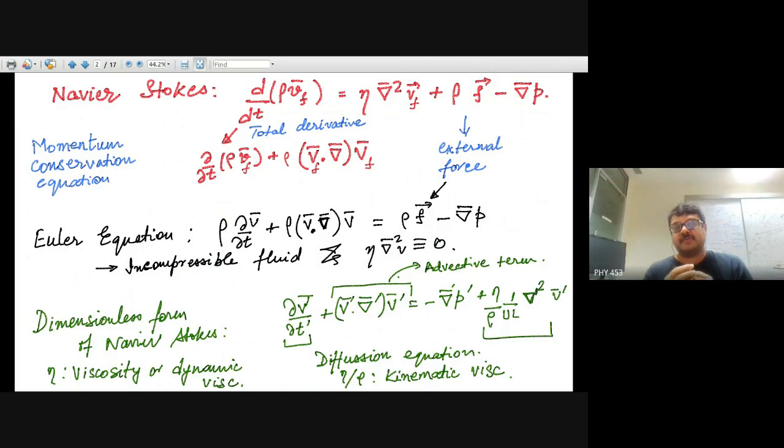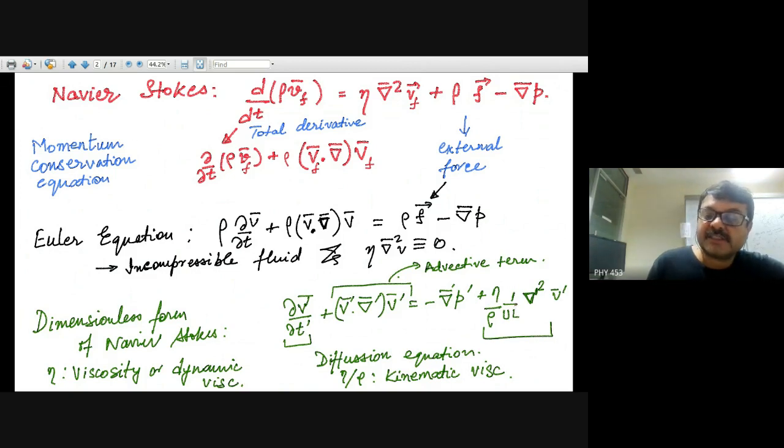Assuming incompressible fluid. And this quantity eta by rho UL, you bring it down in the denominator. That's the Reynolds number, as you will see, and that will play an extremely important role. So this quantity is essentially 1 by the Reynolds number, right?